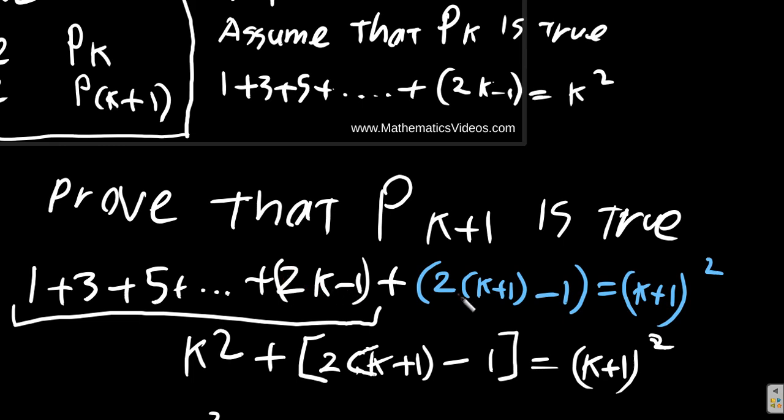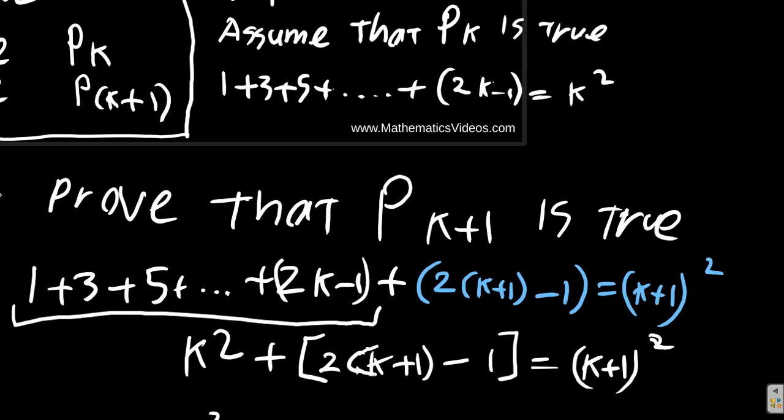So it's 2 times k plus 1, then you have the minus and the 1, you close the bracket, equals, well, since this is where you're stopping, it's k plus 1 squared. When you stop at 2k minus 1, you get k squared. When you stop at 2k plus 1, it is k plus 1 squared.